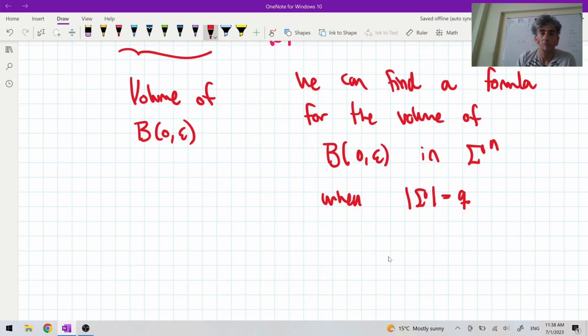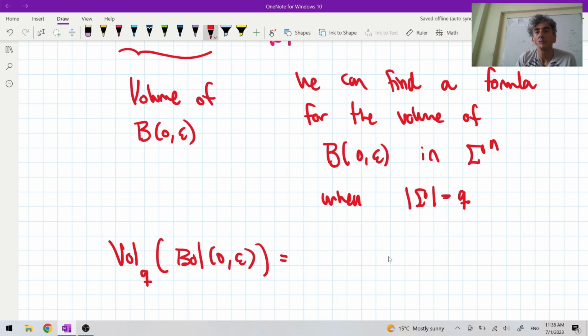So the volume of the ball centered at 0 and radius epsilon will be simply a counting argument.